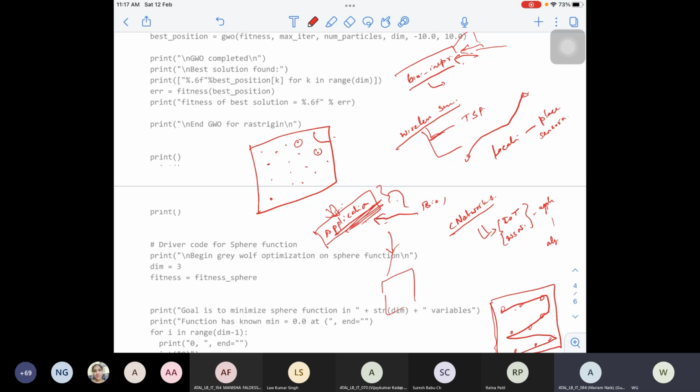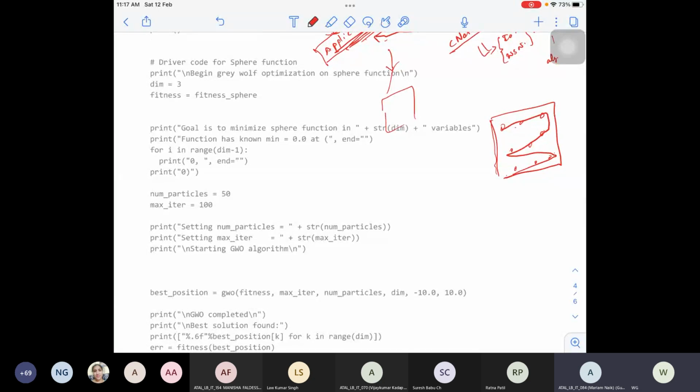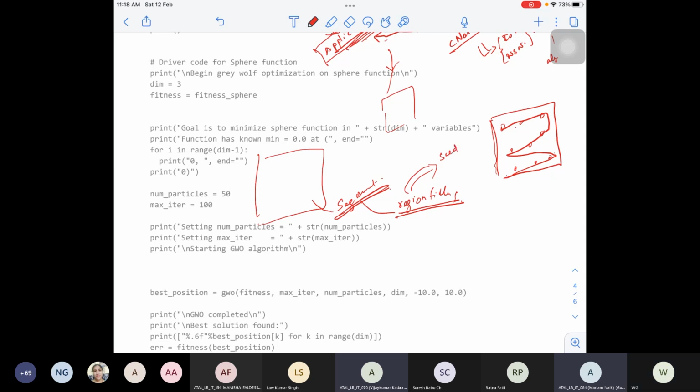If you look at segmentation, one of the important things is region filling. Region filling is a method, and if you use it, finding the seed point is an important step. If you do not find the seed point correctly, then your region filling may not give you optimal segmentation.